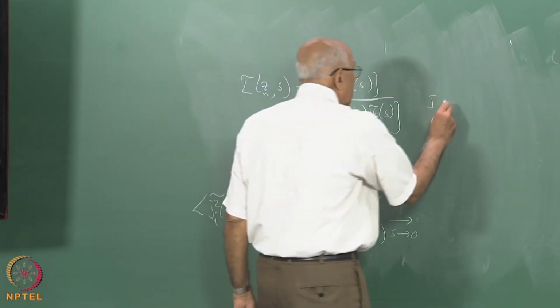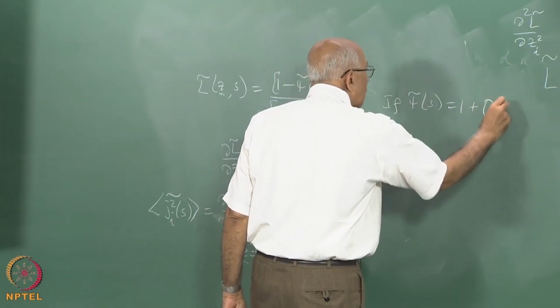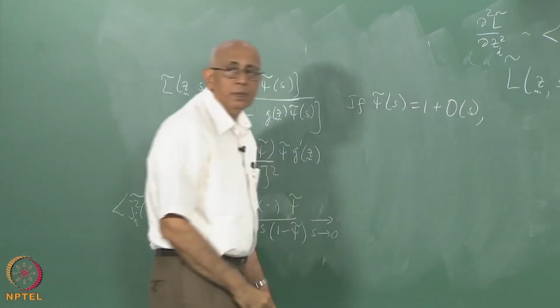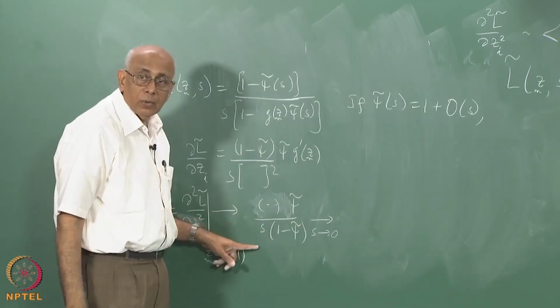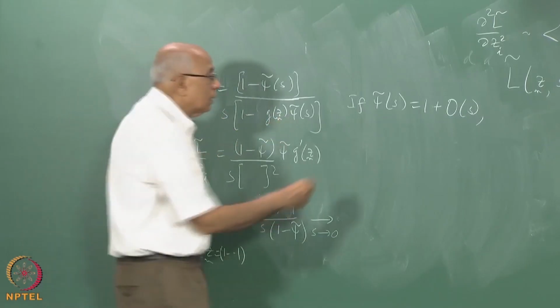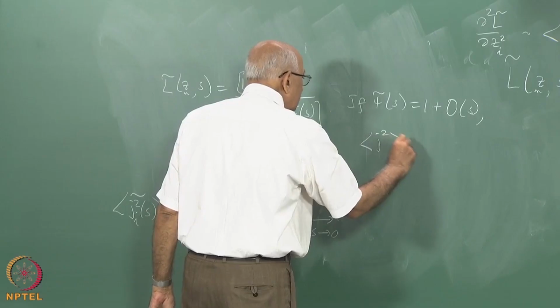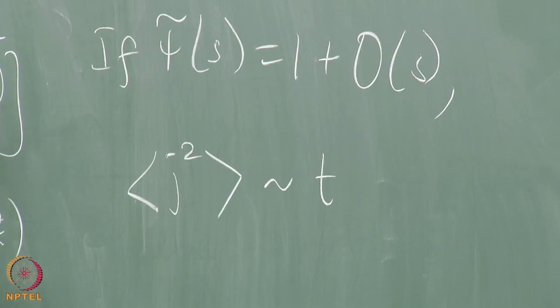If psi tilde of s equals 1 plus order s, analytic, then this gives you an s here, you get an s squared, and the inverse Laplace transform of 1 over s squared is t. Diffusive behavior, you have normal diffusion.